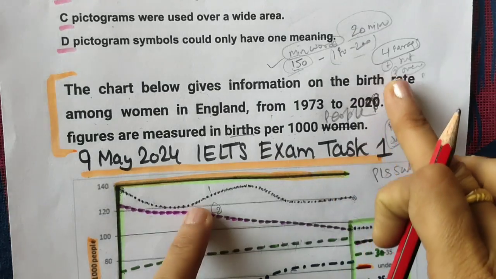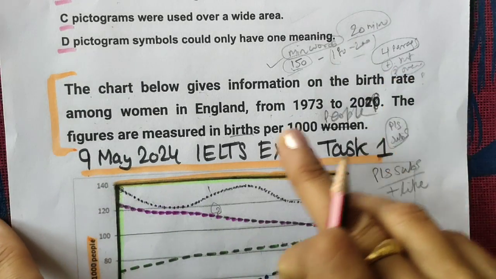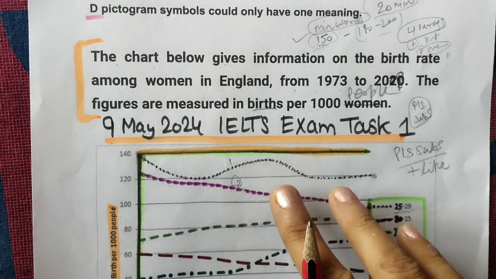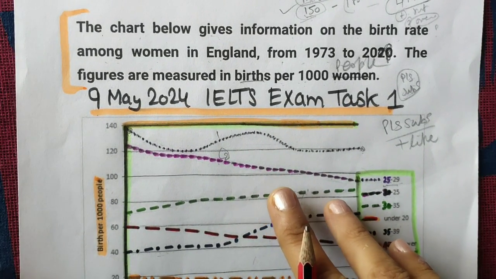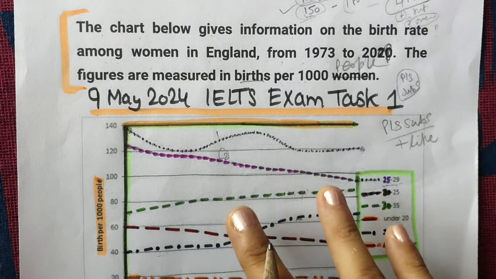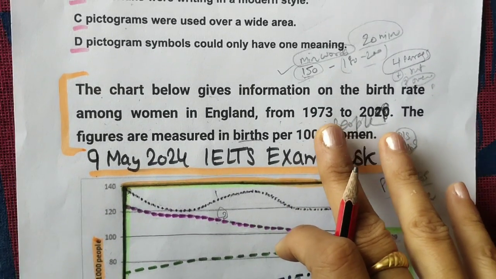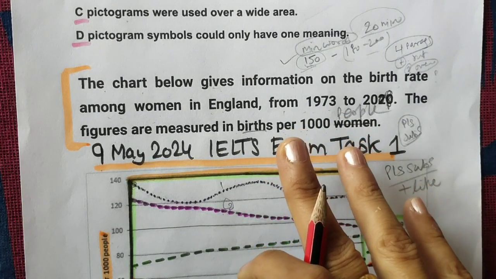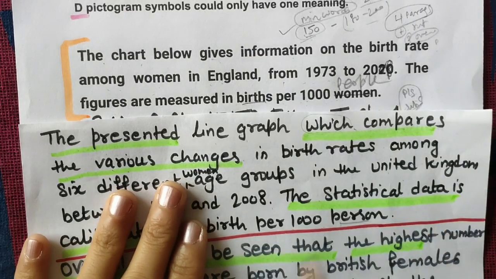Now, as you know, we can write 4 paragraphs. First will be the introduction, second will be the overall paragraph, which indirectly is a conclusion paragraph, and body paragraphs 3 and 4 for the body detail. I will show you the introduction now. The introduction is too simple.